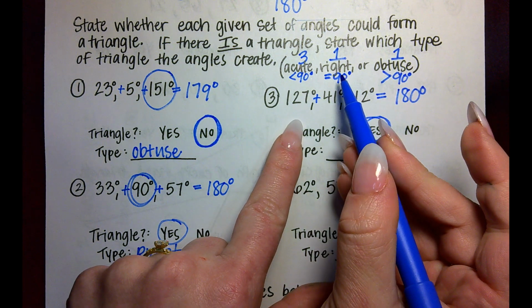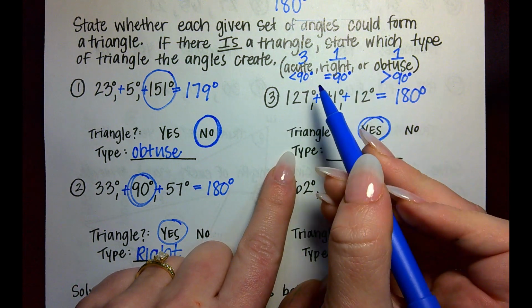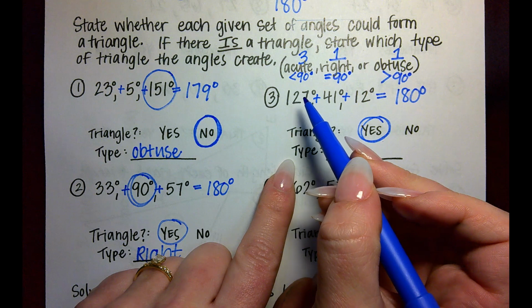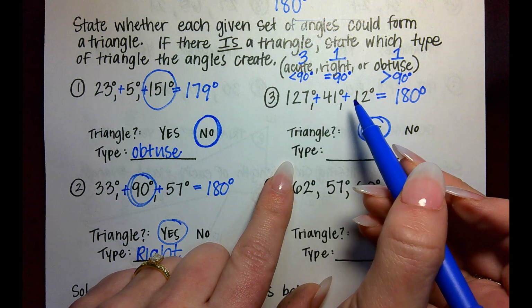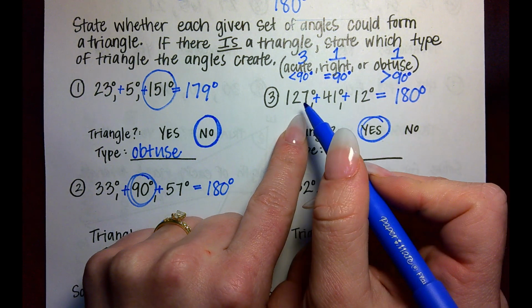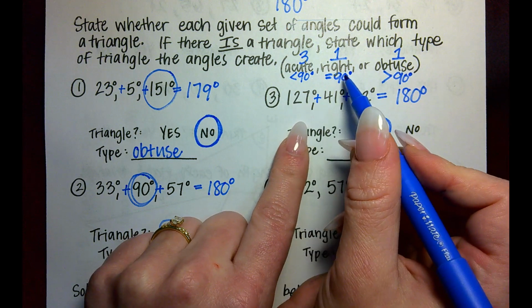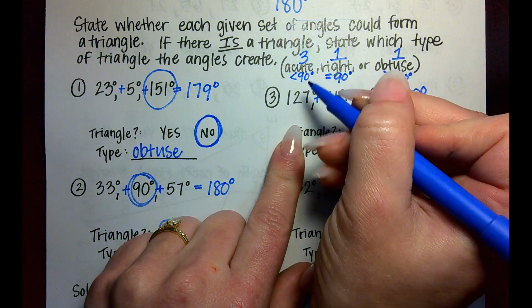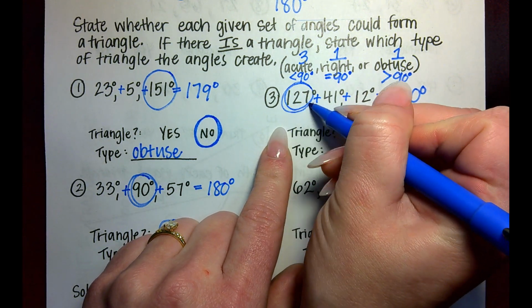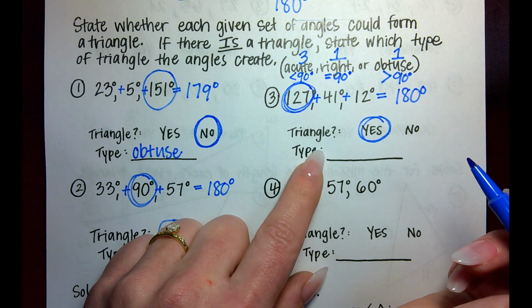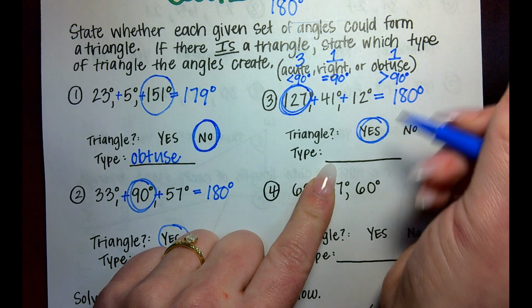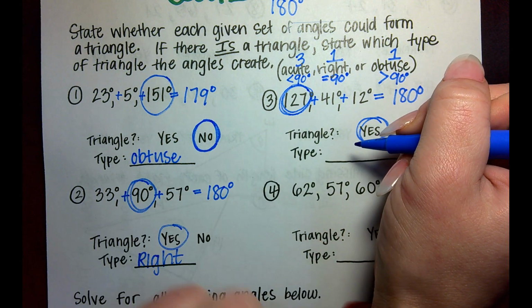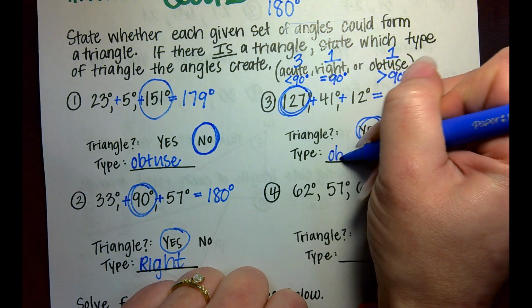Remember, if it's a right triangle, then there will be the number 90 listed. If there's any angle bigger than 90, 127 is bigger than 90, then it's obtuse. See, I was right, and I got scared, so I erased it. I swear we always second guess ourselves, but that's all right. That's good that we know now. So this is obtuse.